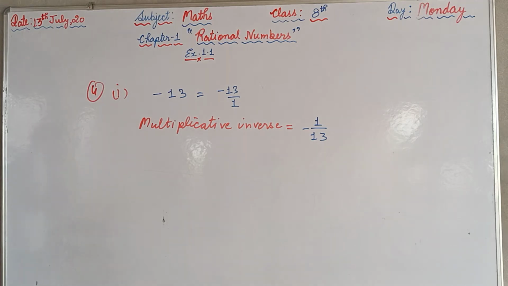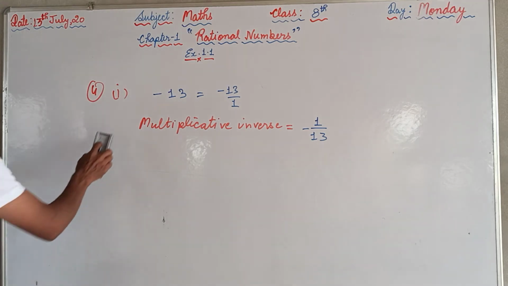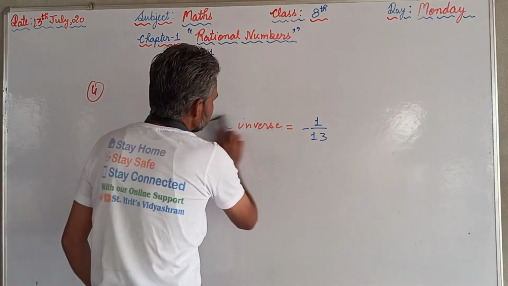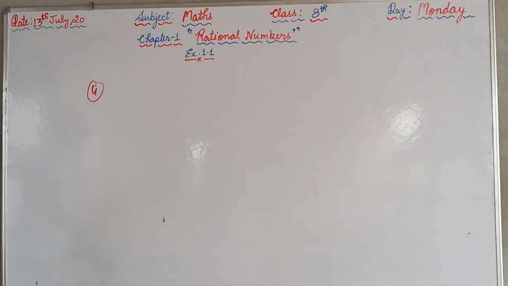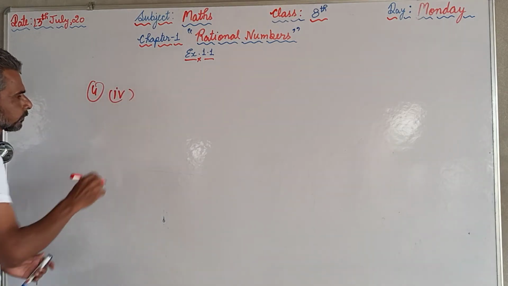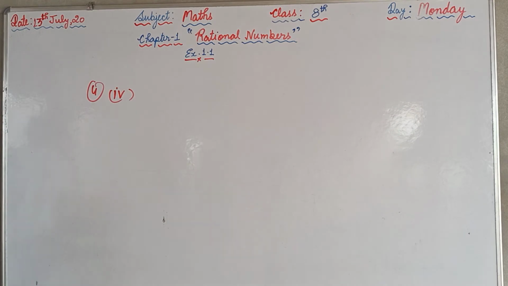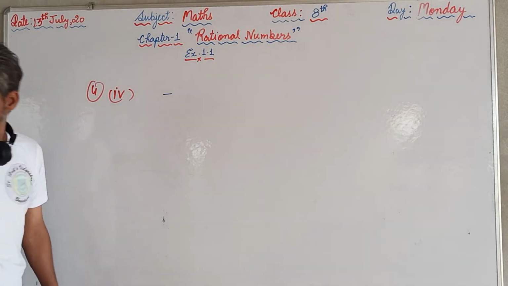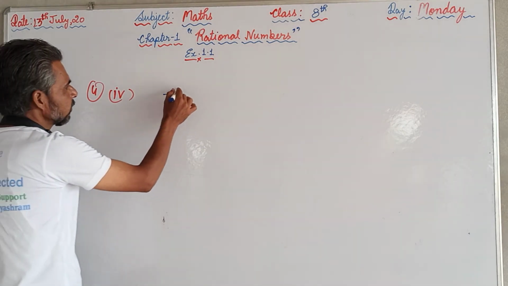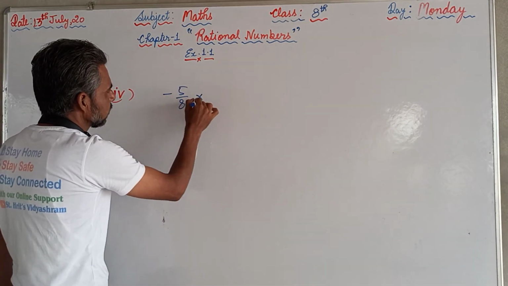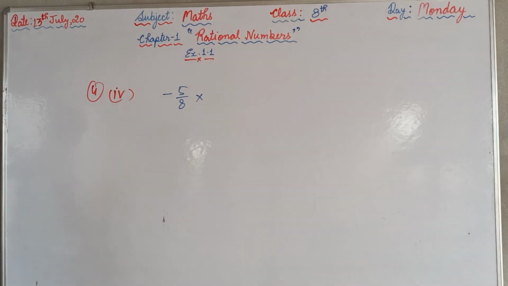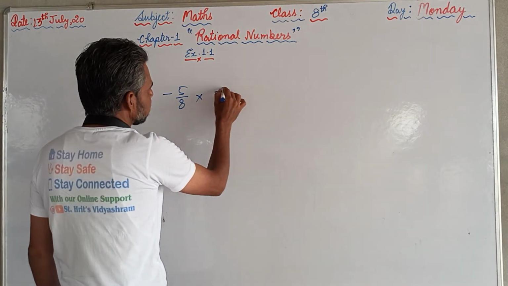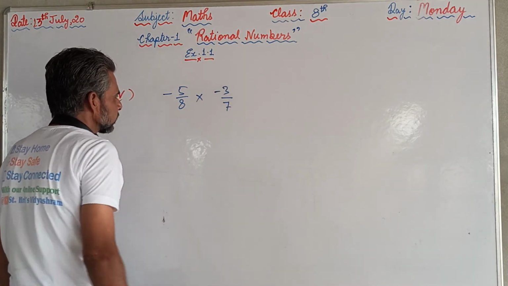At the same time, let us try question number 4 of the same question. The fourth part is there, in which minus 8 upon 5, minus 5 upon 8 into minus 3 upon 7.